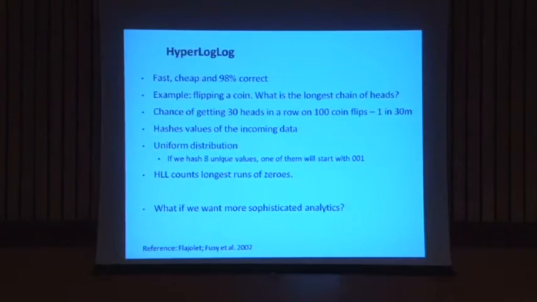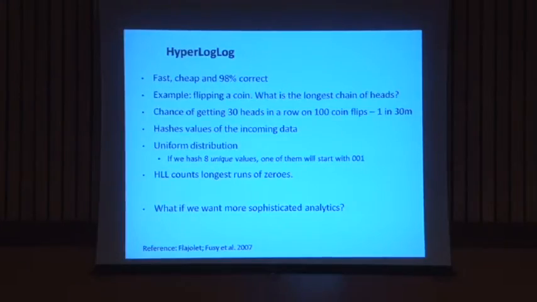So now the idea is that the more records you put into the database, the higher are the chances that you will have, for example, 10 zeros in a row, or maybe 20 zeros in a row. And this is it, pretty much. So we just hash the numbers, but we actually don't put the numbers into the data structure. We keep counting the zeros in there, and we only keep the highest number of zeros we ever had.